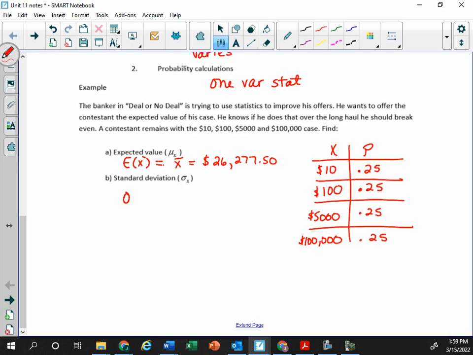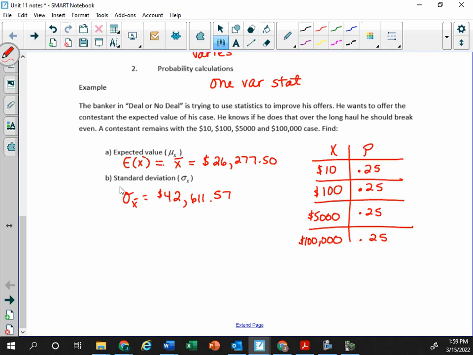So, your sigma, X bar. So guys, with a sigma that large, that is showing you that there's a lot of variability in how this goes, right? So the expected value is just the mean.